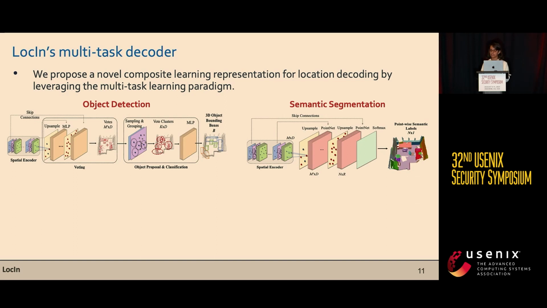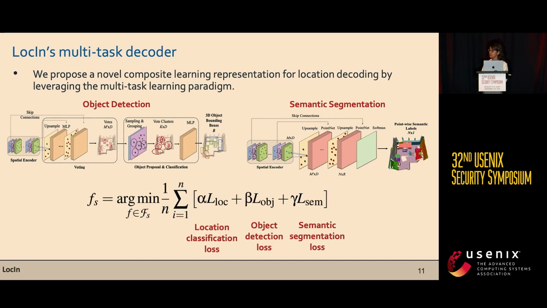We incorporate this contextual information into our learning representation for location decoding by using a multitask learning approach and training an end-to-end encoder-decoder architecture with an optimization function that leverages the loss functions for the location classification, the object detection, and semantic segmentation tasks. So using this learning representation, we are able to train a model that can classify the location of a given spatial map while simultaneously learning the contextual patterns that uniquely characterize the user space.